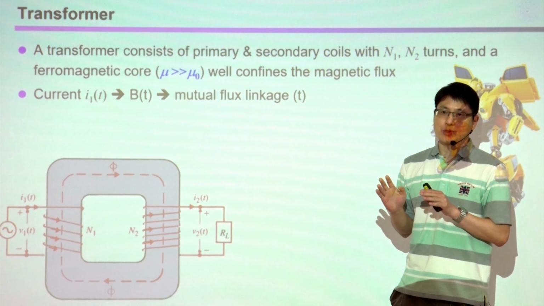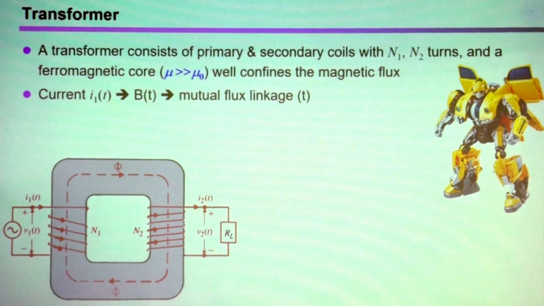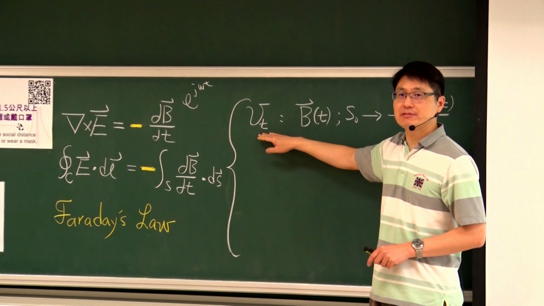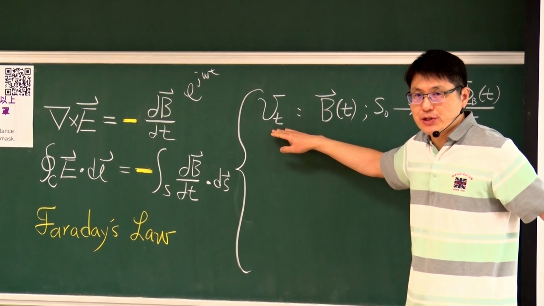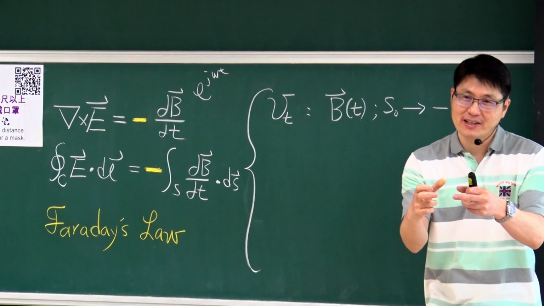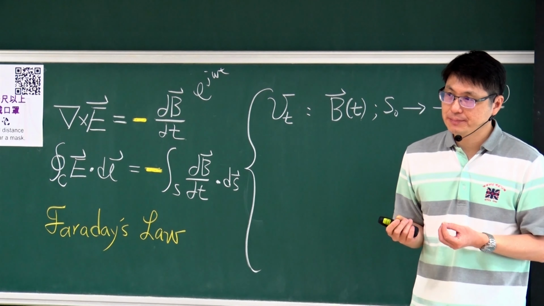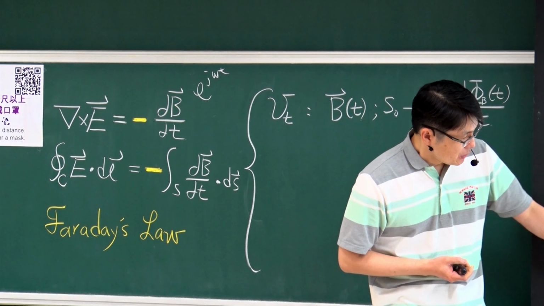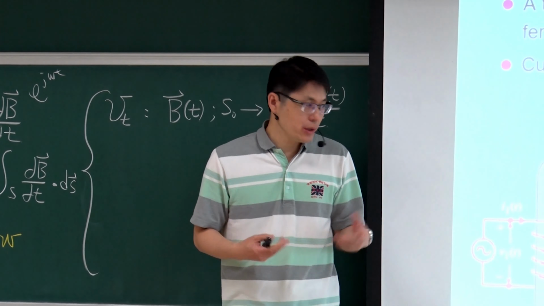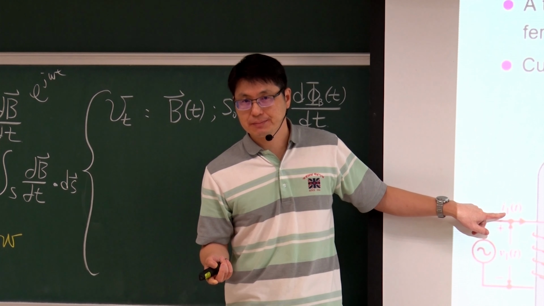Everybody here knows what a transformer does, but let us come back to why in this case the induced EMF is called the transformer EMF. Because in the real device transformer, not Bumblebee, what is changing as a function of time? You apply either voltage as a function of time, or effectively you're applying a current as a function of time, right?